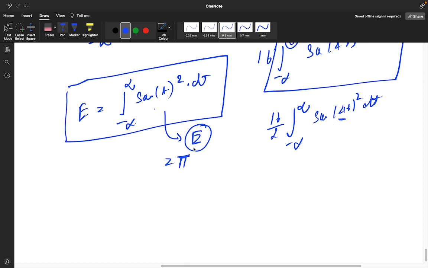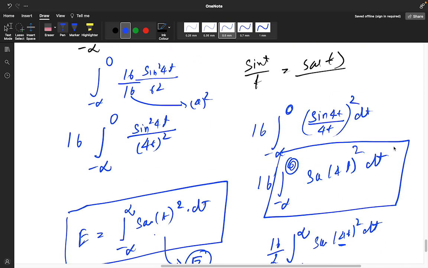This is the energy signal of the sampling of t. This is the energy signal of the sampling of 4t. So 16 by 2, you will get pi, but because of this scaling factor, it will divide by 4. So what is the result? You will get 2 pi.